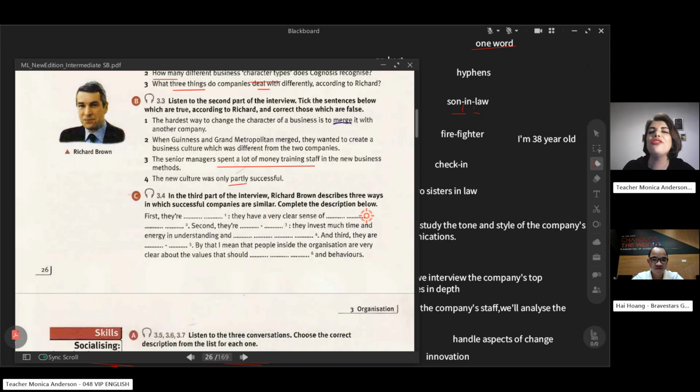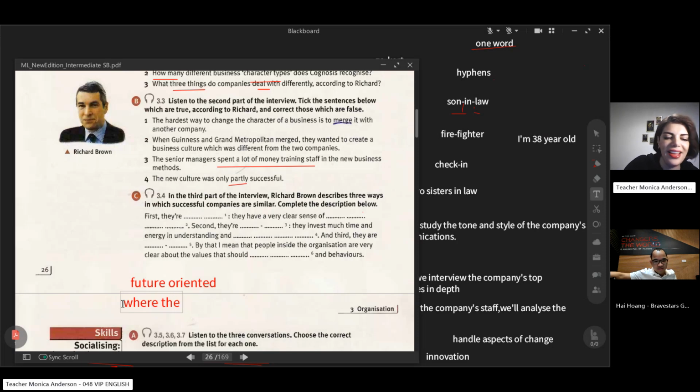So let me write here: they're future-oriented. They have a very clear sense of where they're headed.